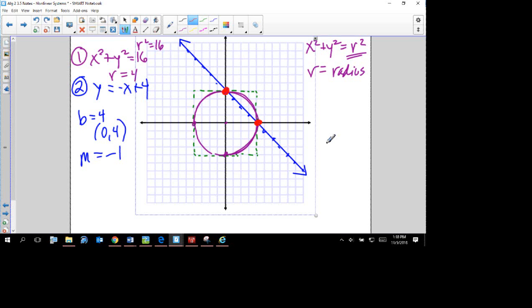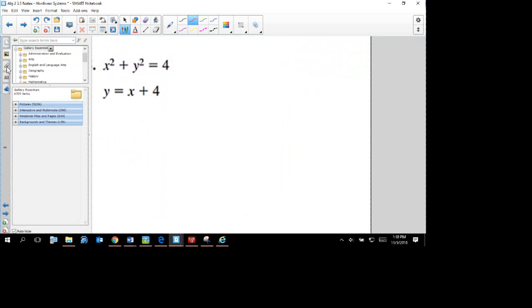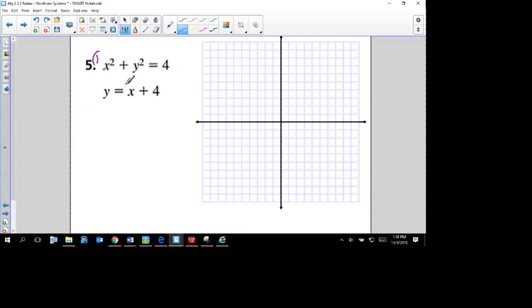I want you to just solve it by graphing. Example 5, just do it by graphing.